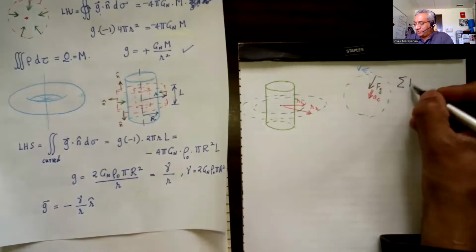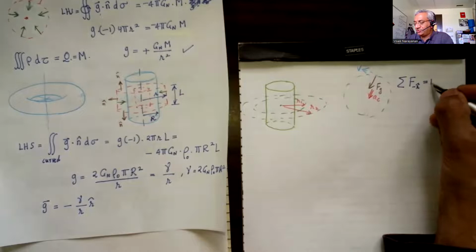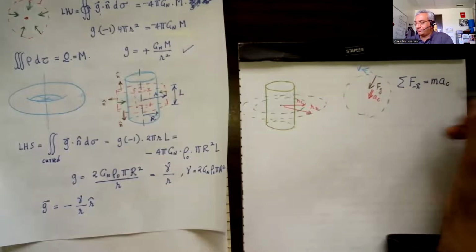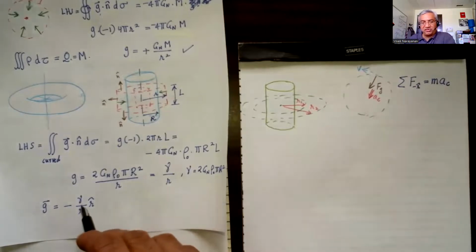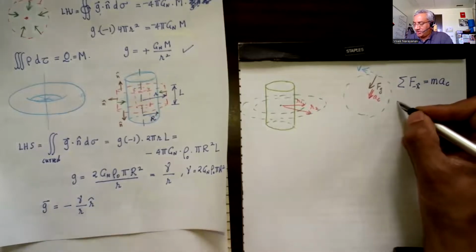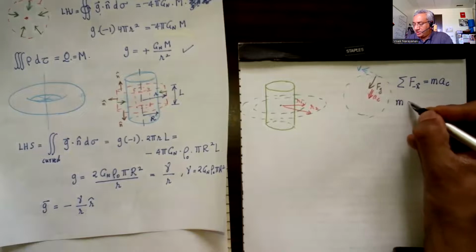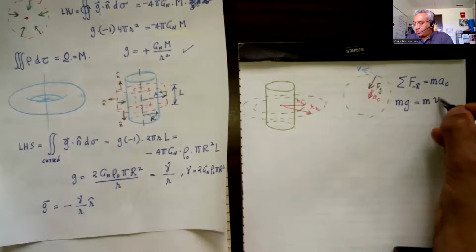Newton's second law says force in the negative r hat direction is equal to mass times the centripetal acceleration, where m is the mass of the astronaut. So when you substitute this in, well, F is equal to mg. So this is going to be m times g. And that's going to be equal to m times v squared over r.